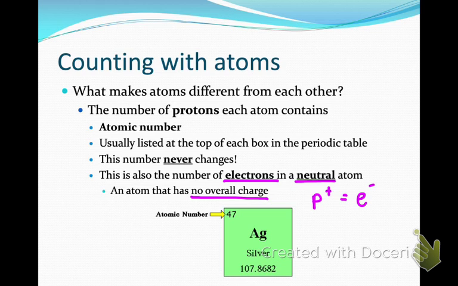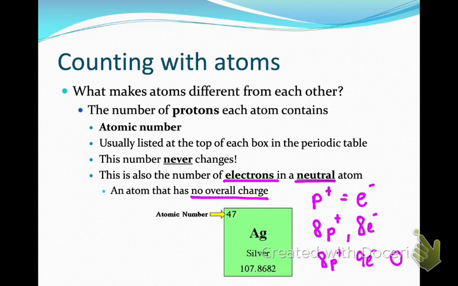So if I have an atom that has 8 protons, that would be oxygen, and my number of electrons in that atom is 8, that would mean my oxygen atom has no overall charge. If I had 8 protons and 9 electrons, my atom is no longer neutral.